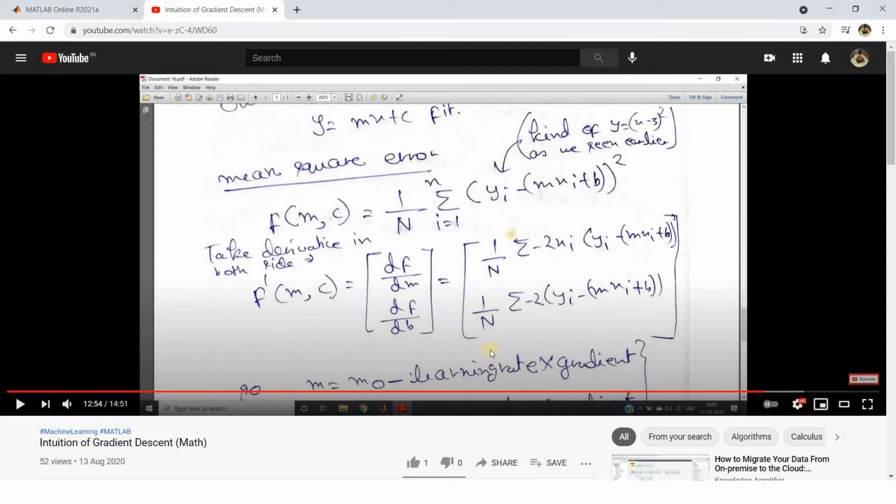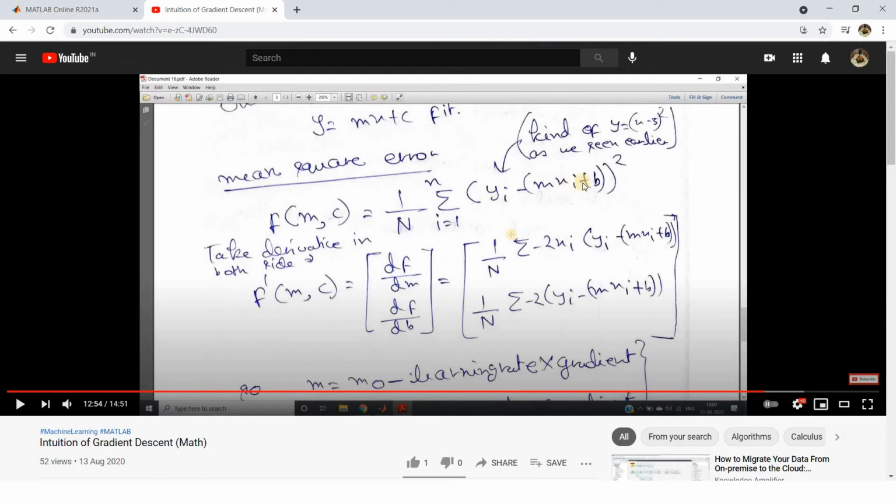Now, if you observe these formulas which we used to update m and c, that is, slope and intercept for the best fit line in each step, this was our mean square error formula, which is the average of the squares of all the error terms.